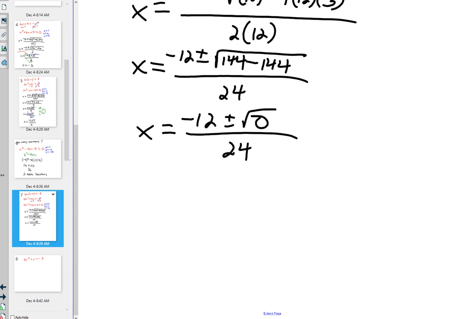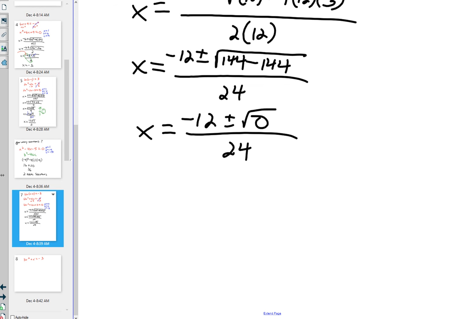Well, we ended up with a zero discriminant for that, and that's the second time that's happened today. What does this mean? Esperanza, what does this mean?